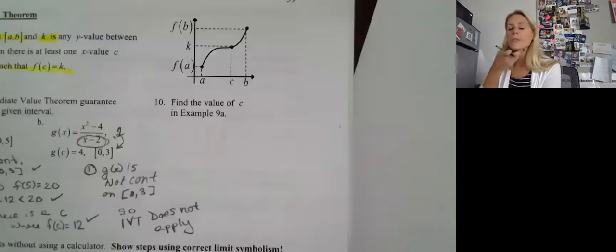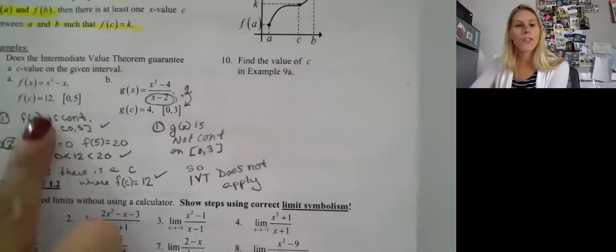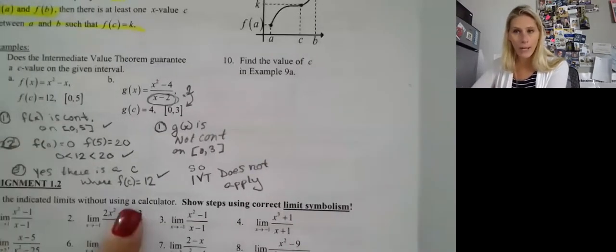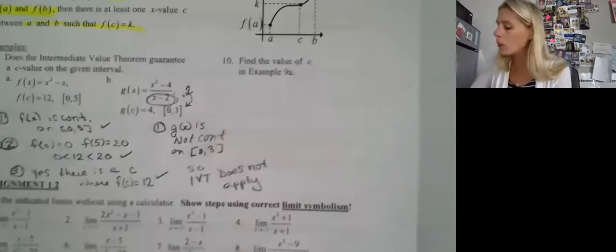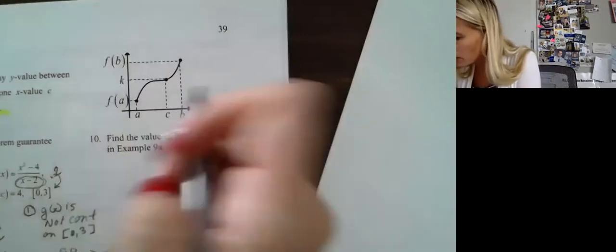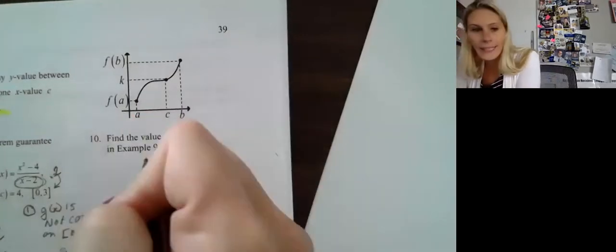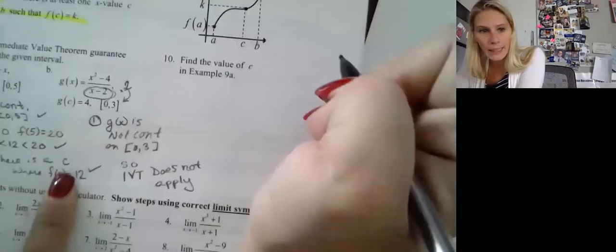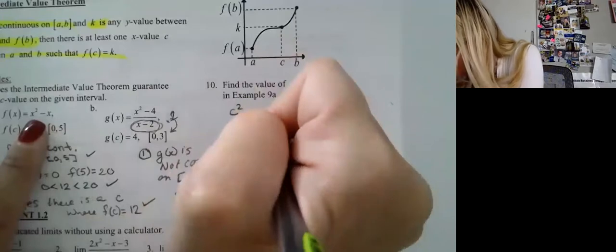Find the value of C. So right here, I proved that we could work it out, right? So now what we're going to actually do is find that C. So what we do is we set our equation, and we're going to plug in C, and get 12. So I'm going to plug in C to our equation right here. So I get C squared minus C equals 12.